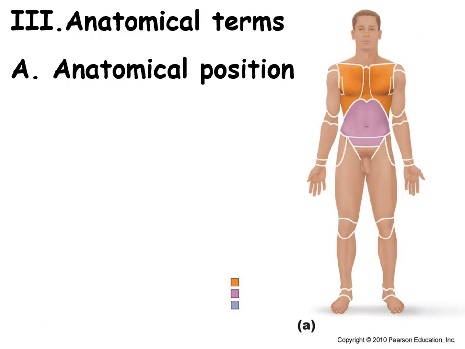Is it his foot or his knee? We have to be in the same point of orientation. We have to start at the same place, and that's anatomical position. So that is a person standing erect with their feet slightly spread apart, toes pointing forward, arms at your side, palms pointing forward as well. Head looking straight out.